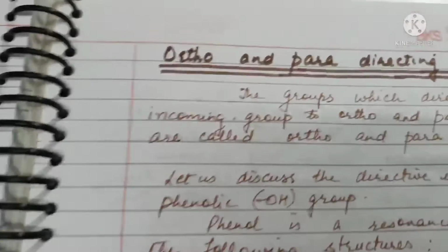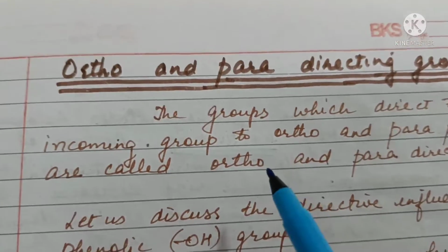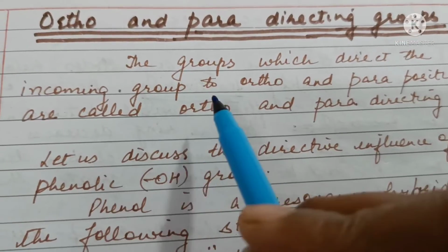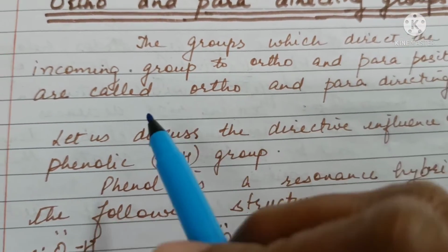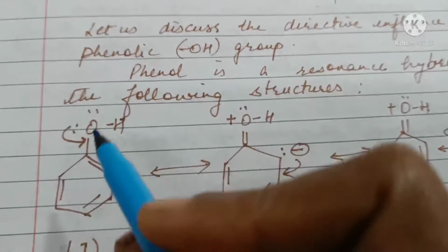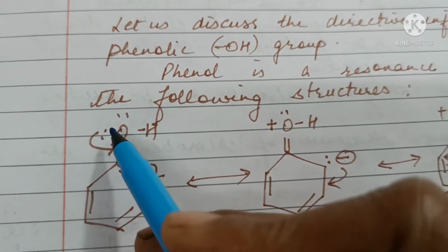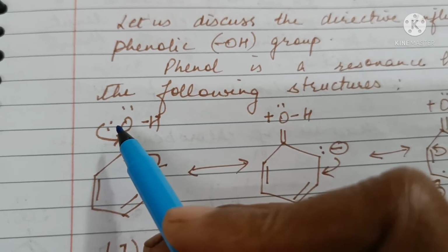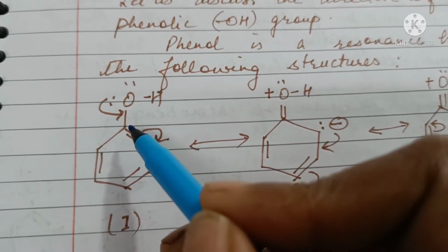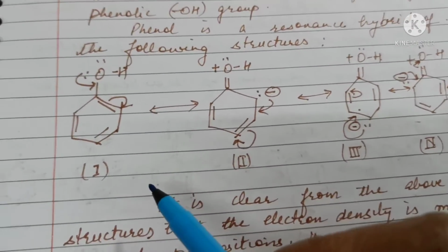So let us take the example of an ortho and para directing group, the hydroxy group. The groups which direct the incoming group to ortho and para positions are called ortho and para directing groups. For example, in the OH group, the lone pair of electrons on the oxygen atom enter into conjugation with the electrons of the benzene ring, as a result of which the following resonating structures develop.